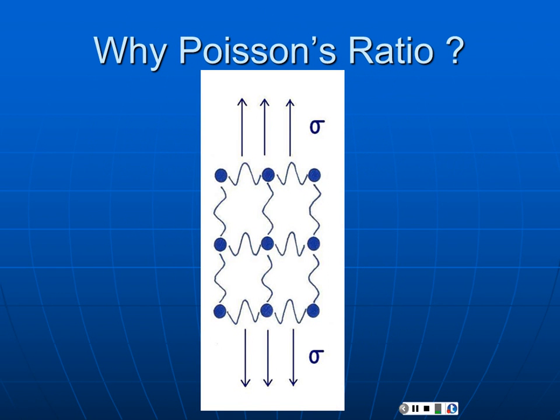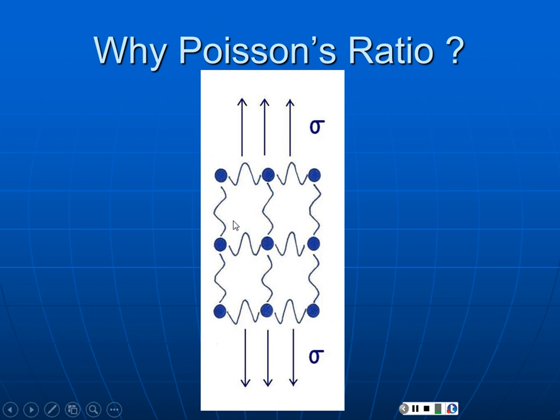Now, why Poisson's ratio? Anytime we ask a why question, it has to do with, obviously, energy minimization. So we apply a stress. We're going to stretch these bonds. These atoms are going to be separated. Now, they were in their original spacing because that minimized their energy. So if you're pulling the neighbors that are above and below an atom away, the response is going to be to try to pull the lateral neighbors closer to maintain an overall spacing that is about the same.